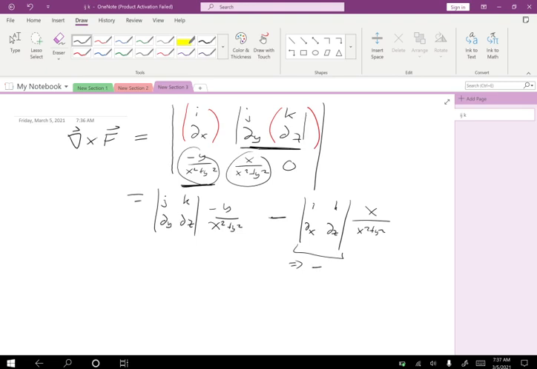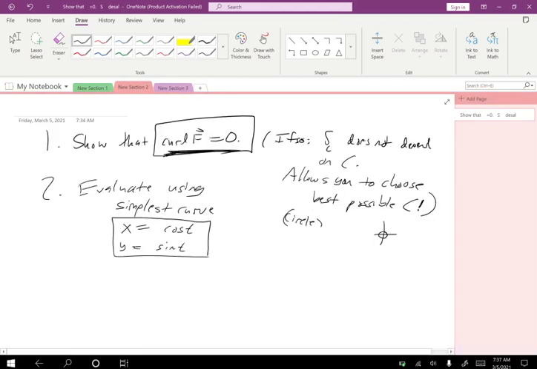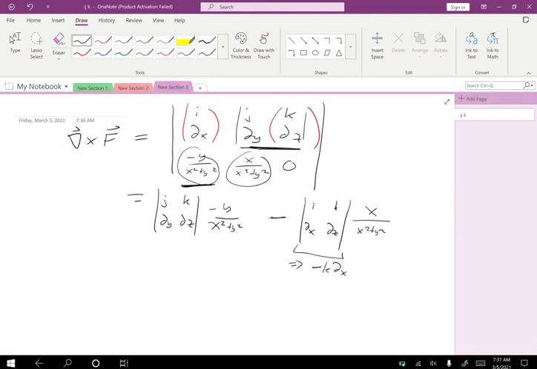So you can get away with just putting k partial x. So let's just focus on this: we'll have j partial z minus k partial y.